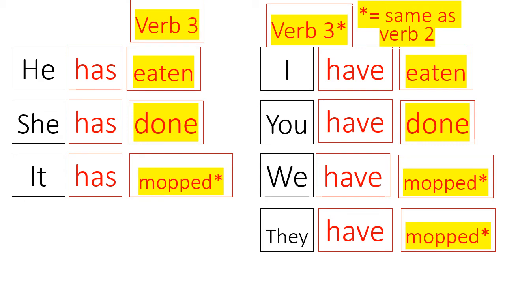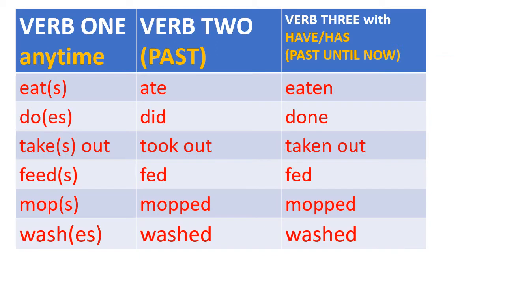For other verbs, verb 2 and verb 3 are different. So here are a list of actions. And we have a list of verb 1, a list of verb 2, and a list of verb 3. So we know verb 1 is anytime, verb 2 is the past, and verb 3 is past until now.